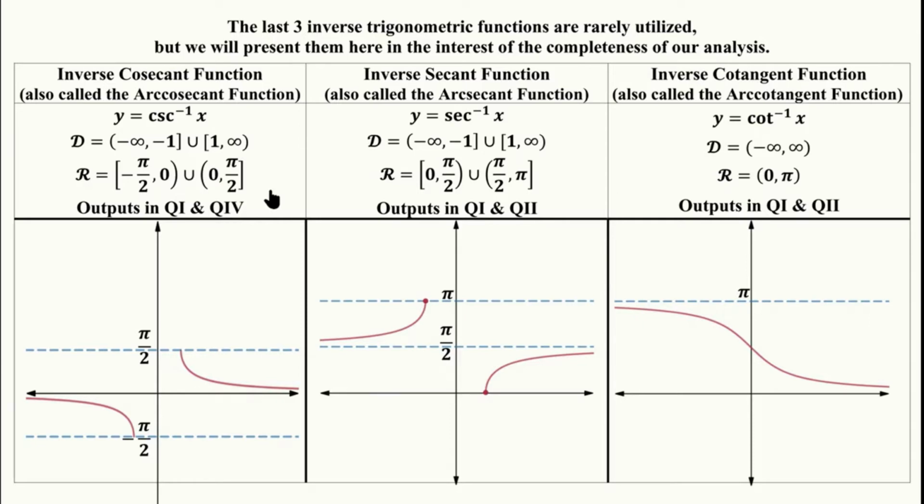But the most important thing to keep in mind is these quadrants of their outputs, because these will be important when we do calculations and we're trying to calculate some of these inverse values. So we'll summarize all of this in the next page so that we will have it handy for us.